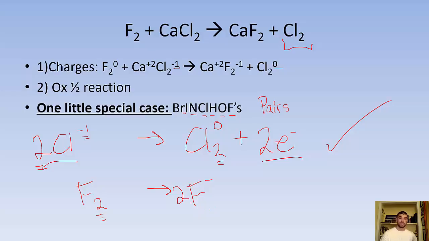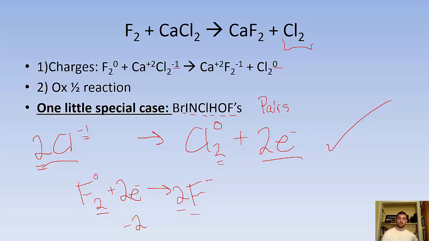So now I know reduction is gaining, so I know that it's gaining electrons. But how many? Well, if I go from 0 to -1, that's 1 electron each, and there's 2 fluorine atoms, so they need to gain 2 electrons total. All right, so now let's check. I got 2 fluorines, good. I got 0 and 2 minuses, so that tells me I got -2 on the left side.